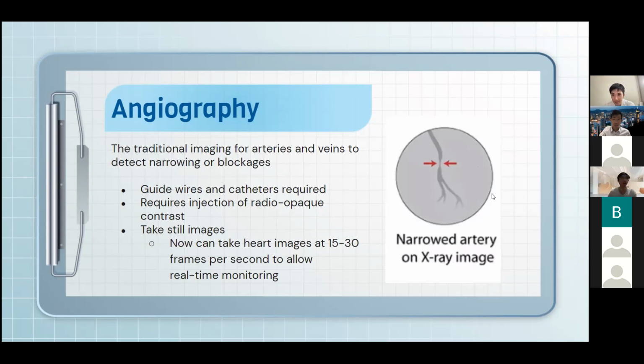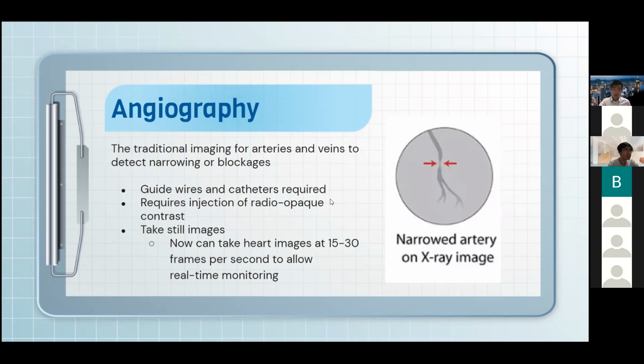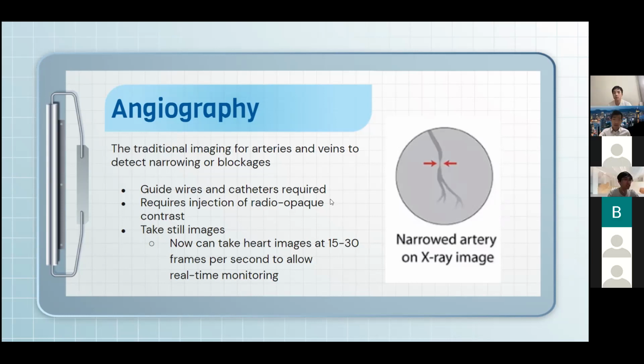Usually, as you can see from the diagram on the right, there is a narrowed artery right here. This is the usual presentation for someone who is having a heart attack, for instance. You'll find that there is a certain segment of the artery that has been narrowed, and therefore at that position, you will perform a percutaneous coronary intervention. In this case, we do note that it requires the injection of radio-opaque contrast, and it also takes still images.